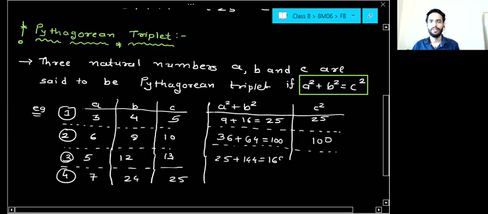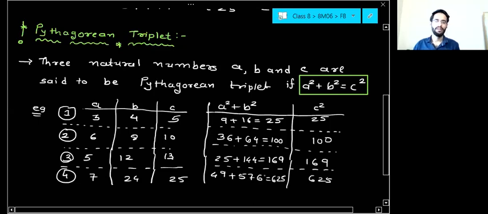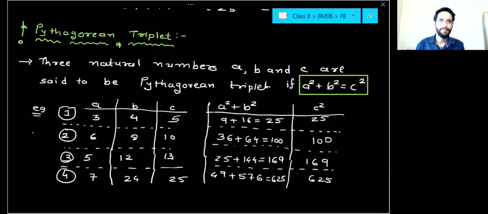Their sum will give you 169, and 13 square is 169. 7 square plus 24 square, 49 plus 576 will give you 625, and 25 square is 625. Yes, 6, 8, 10 we have already taken, Piyush. So I hope everyone got this thing about Pythagorean triplet. Everyone understood Pythagorean triplet? Yes, Safwan, we have already written 7, 24, 25.